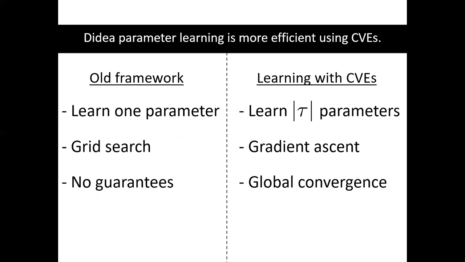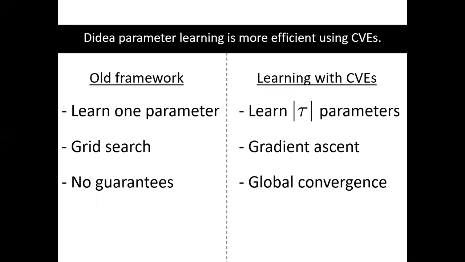The old DIDEA framework would only learn a single parameter, and under the new framework, we learn a weight for every single shift variable. The old framework relied on a grid search, which was very costly, and under the new framework, we can just apply gradient descent, which is extremely fast and efficient. And under the old framework, there were no theoretical guarantees, but of course, using CVEs, we have global convergence guarantees.